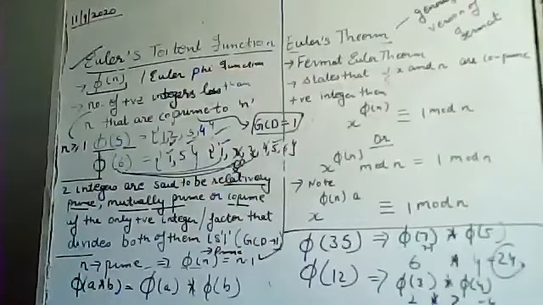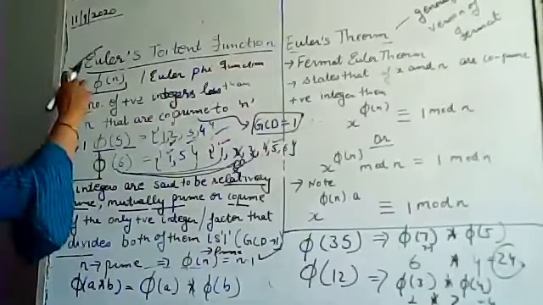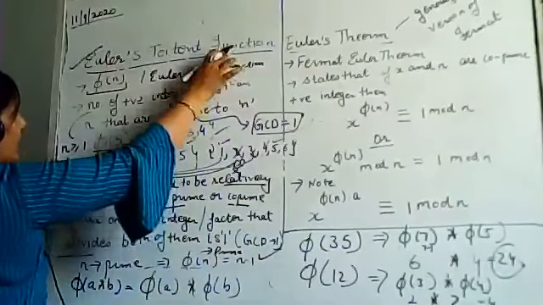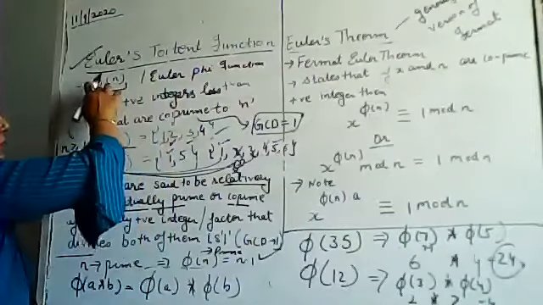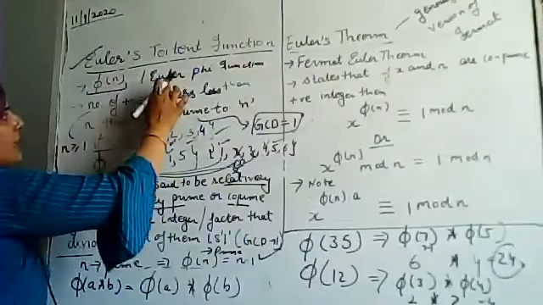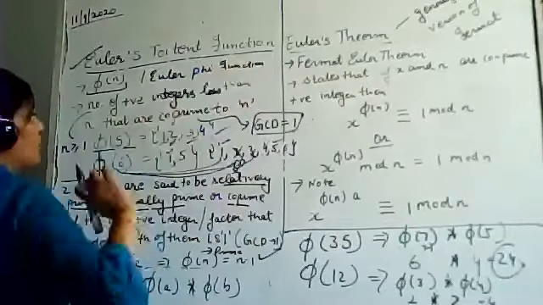Clear? If this topic is clear to you, I will just repeat all these points regarding the Euler totient, so if you have missed something, you can look at it. First, the Euler totient function is represented with the term phi of n, and it is also known as the Euler phi function.